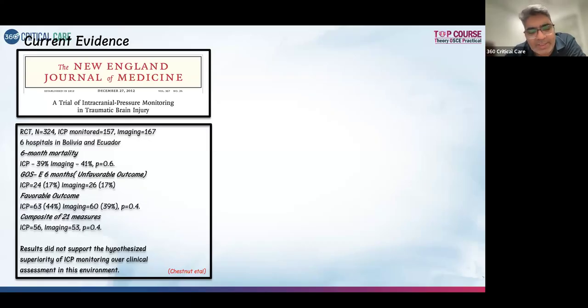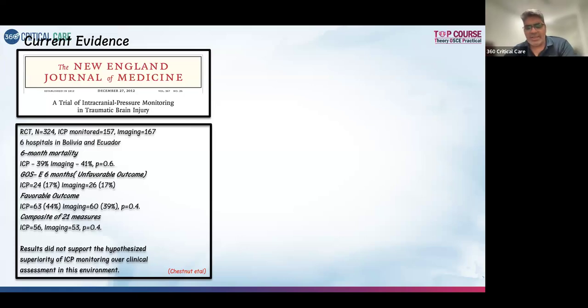Yes, you can take one hospital which does not use any ICP monitor and does neurosurgical or neurotrauma patients, compared to a center where ICP monitoring is regularly used and patients are managed accordingly. You can compare those two hospitals, but again there will be great disparity of results. So it is very hard to do a current trial on this.